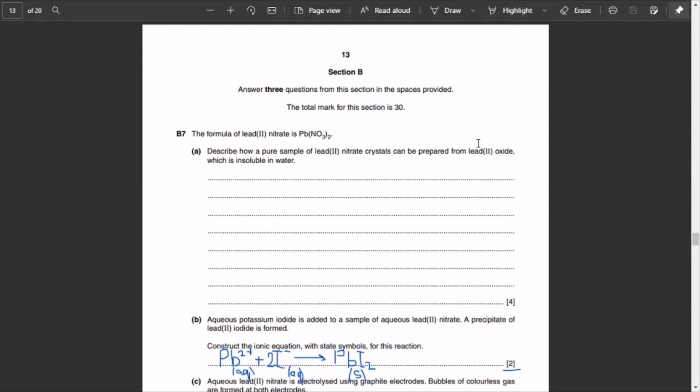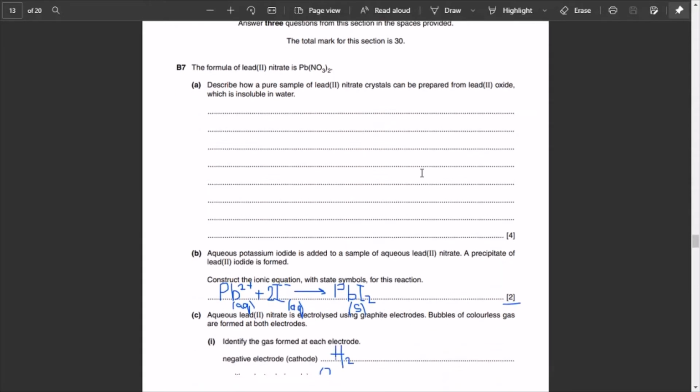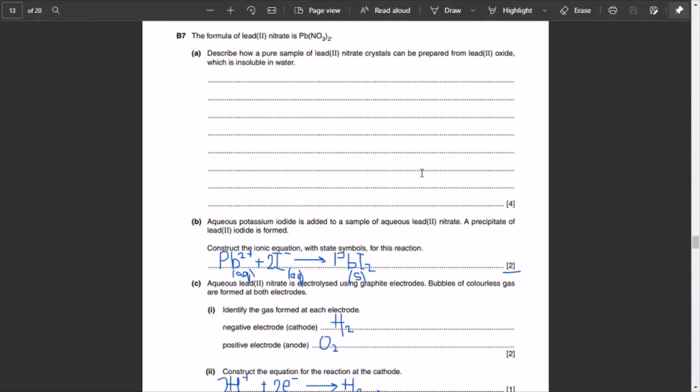After it, filter the solution, then evaporate the solution by heating so crystallization can take place, wash the crystals with distilled water, and then wipe them with a cloth. And this is how you're going to get 4 marks.